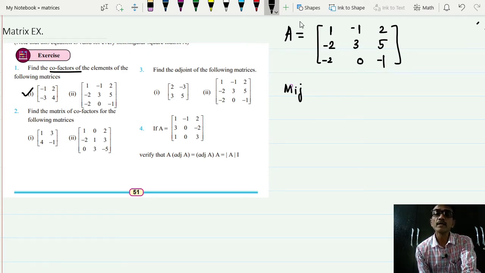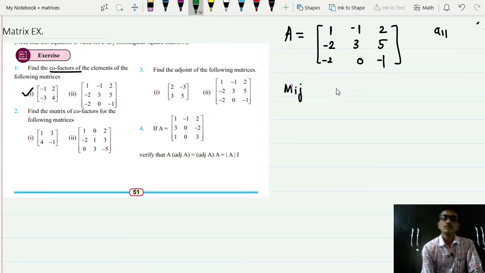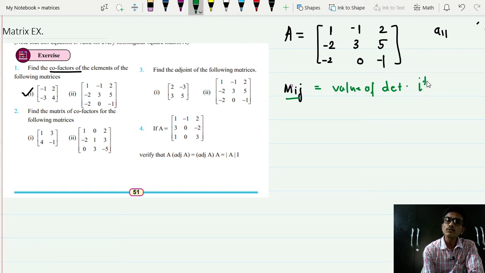While finding minors, if we are finding the minor of the element of first row and first column, say a11, we will delete the elements of the ith row and jth column, and the determinant of the remaining elements is nothing but the minor. So the minor of this element is nothing but the value of the determinant obtained by deleting the element of ith row and jth column.